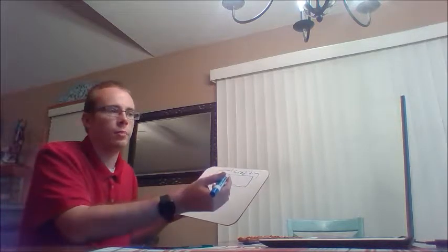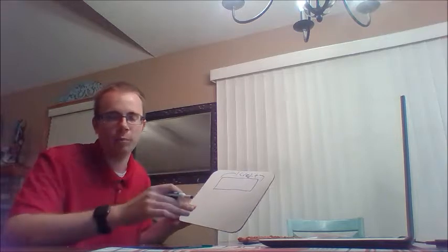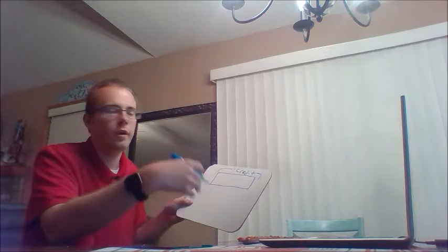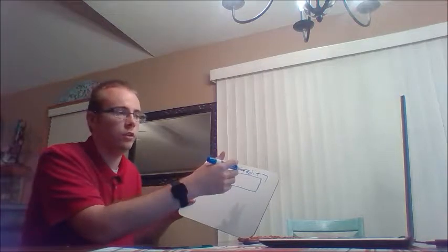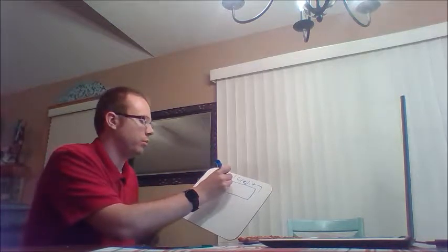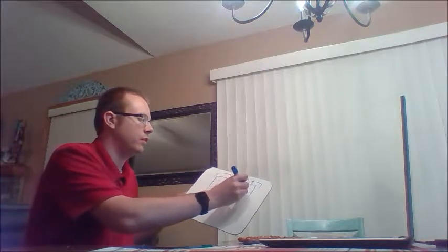So the bottom number, or the denominator, the amount of slices that I cut up in a pizza, is going to tell me how much I need to divide the whole box or credit rectangle into. So I'm going to put it into 4 equal pieces.